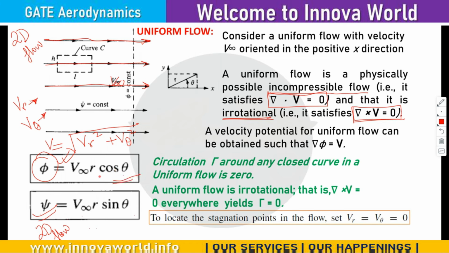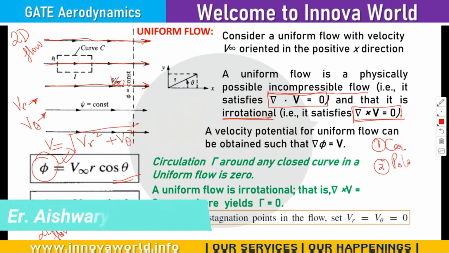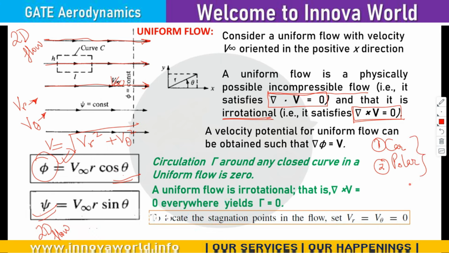And here we can work in two different forms: one is polar and the second is Cartesian coordinates. From the exam point of view, they can give either of the coordinates, Cartesian or polar, so I request you to prepare both carefully.